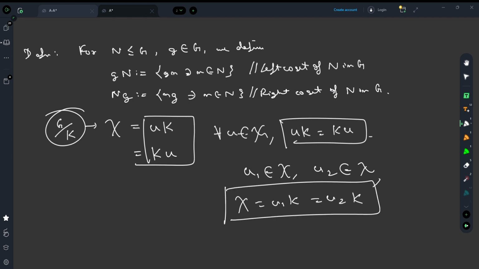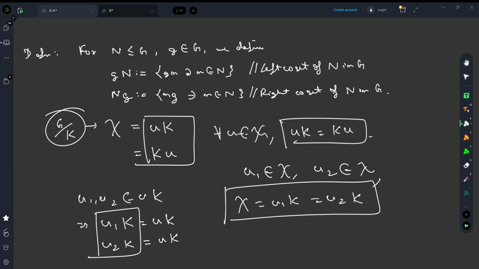So if you choose two elements u1 and u2 from uK, then that exactly implies that u1K must be equal to uK and u2K also must be equal to uK. So in a way u1K and u2K are also the same, right? Because uK is this fiber, but u is an element in chi as well.